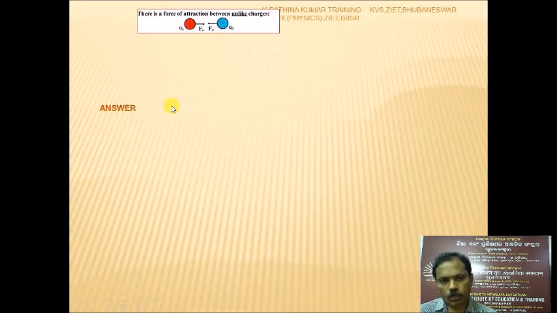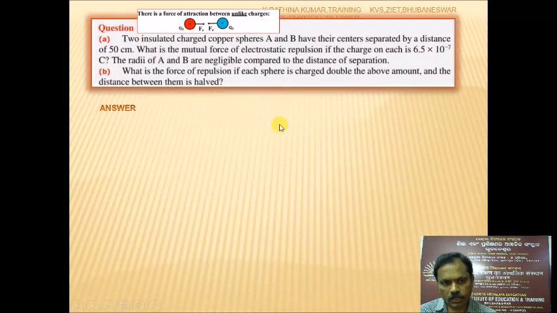There is a next question. There is a force of attraction between electric charge. A diagram is drawn for this. Understanding the question. Two insulated charged copper spheres A and B have their centers separated by a distance of 50 centimeter. What is the mutual force of electrostatic repulsion if the charges on each is 6.5 into 10 power minus 7 coulomb?